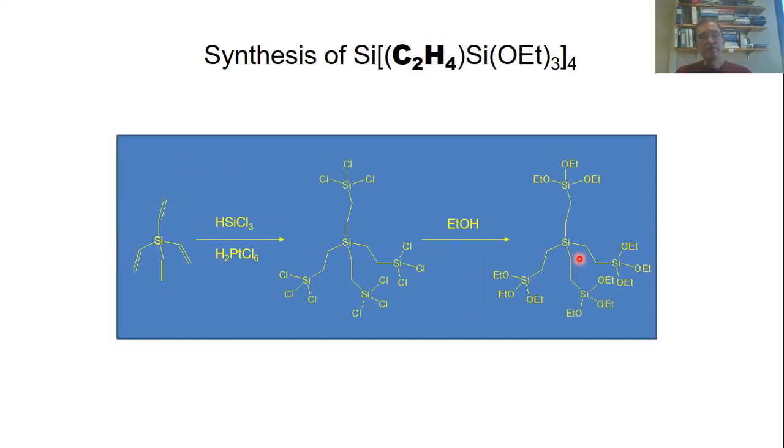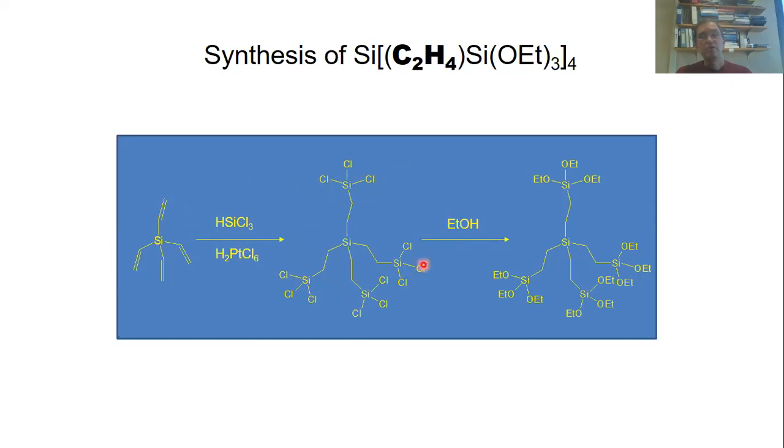How can you make such a dendrimer? This is shown here. For instance, you can start with tetravinylsilane, as shown here, and you can do a so-called hydrosilylation in the presence of a platinum precursor. Basically, the silicon-hydrogen bond adds to the carbon-carbon double bond, and then you produce a molecule which has a trichlorosilyl head group.